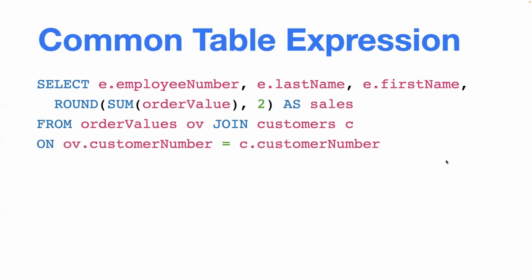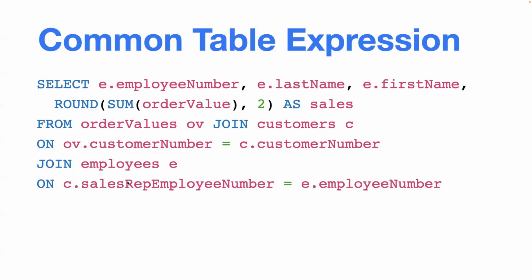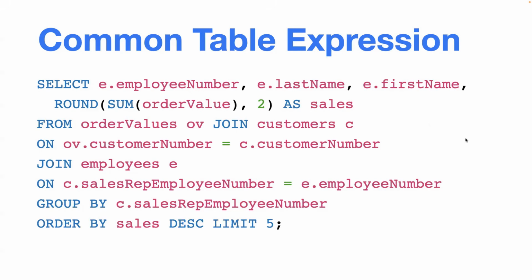And here we were joining order values first with customers on the customer number, and then we joined the resulting table with the employees table to check the sales rep employee number of the customer and match that against the employee number of the employee. And then we grouped by the sales rep employee number because for each sales rep we wanted to get the total sales. And then we ordered by the total sales for each sales rep in descending order, and we limited that to 5 results. And that gave us the top 5 performers in the year 2003.